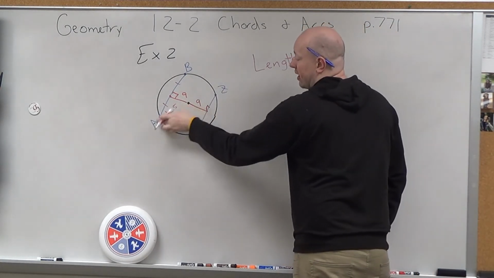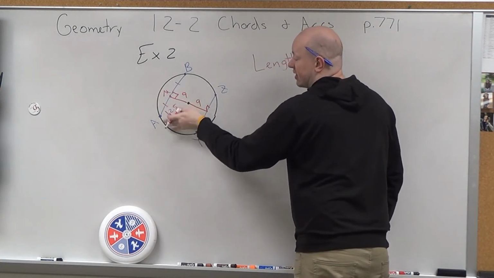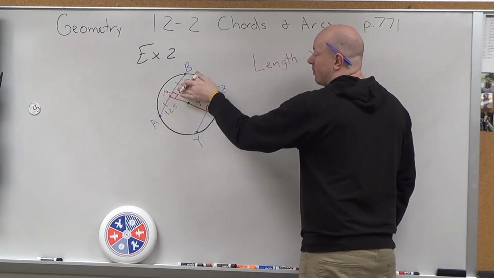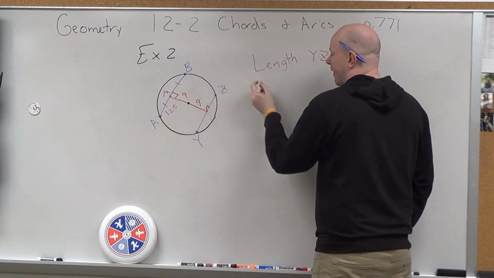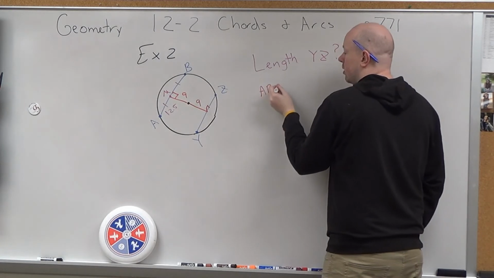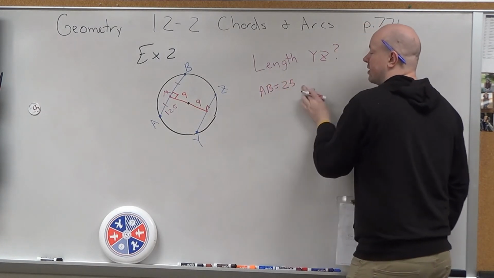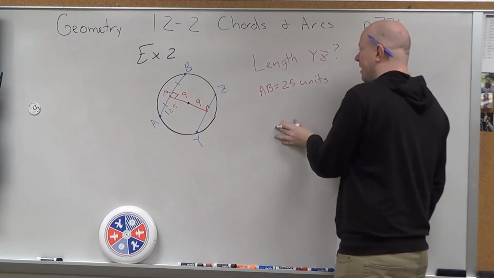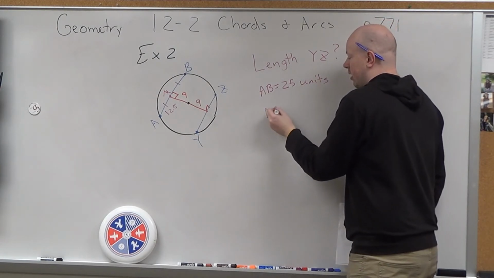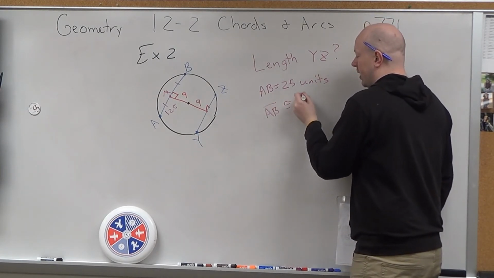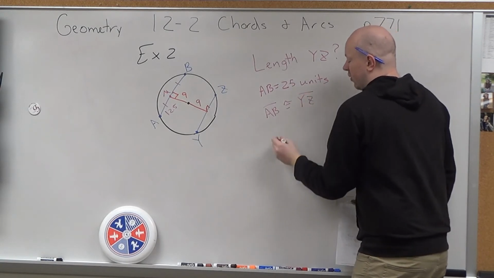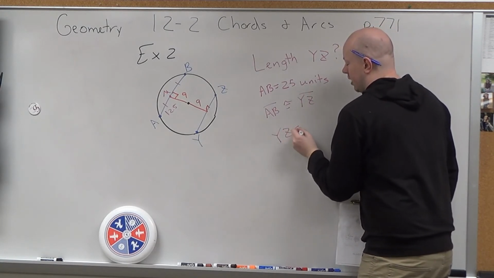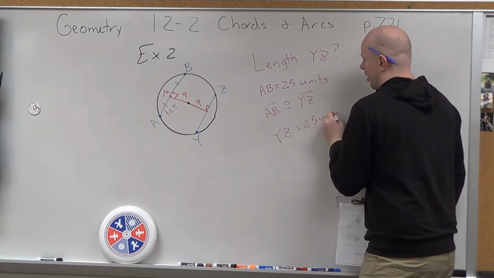So if AB right here, or AM, for example, is 12.5, and I get a tick mark, the entire length of AB would be 12.5 times 2, or 25 units. Which means, because AB is congruent to YZ, that YZ has to also be 25 units.